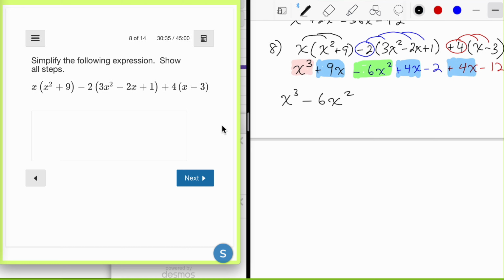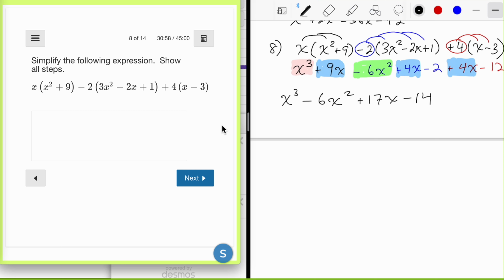So I got a 9x, a 4x, and another 4x. Gives me a 17x. And then the only thing that's left are the loose constants. And the negative 2 minus the 12, that's going to give me a negative 14.